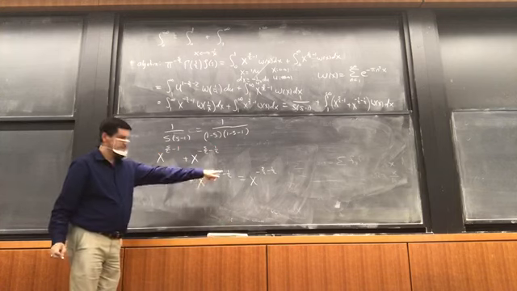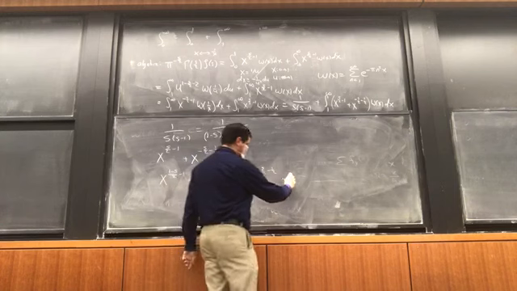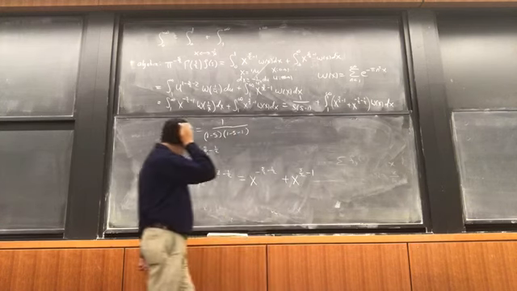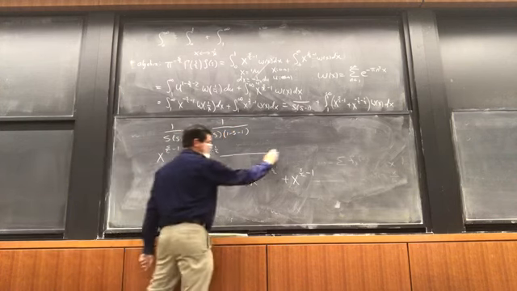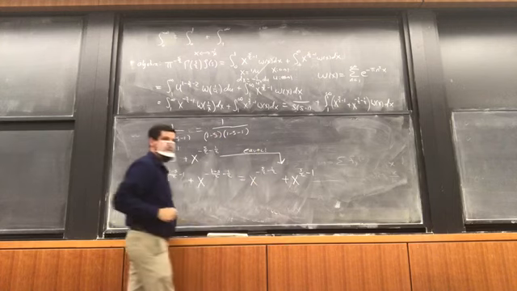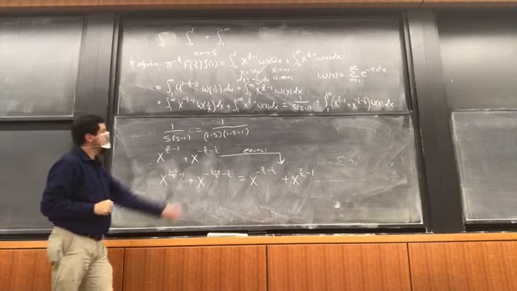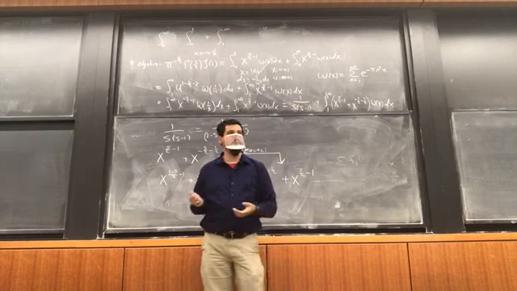And negative a half becomes negative 1, negative s becomes x to the s halves minus 1, which is the same as this. And so what this tells us is, if I replace s with 1 minus s, I have the same value.